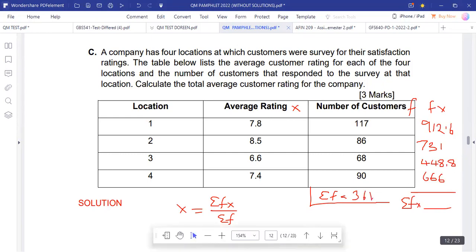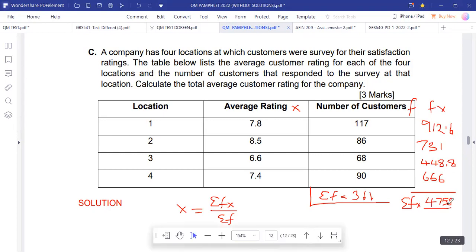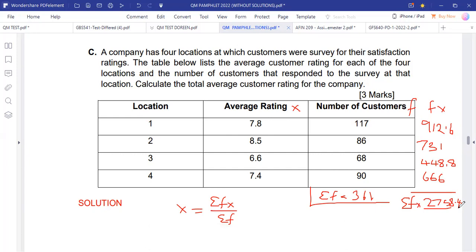And here, what's the total? 2758.4. Yes, that's what I found. 2758.4. Also put that.